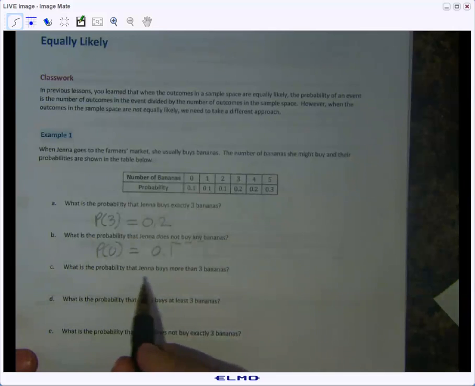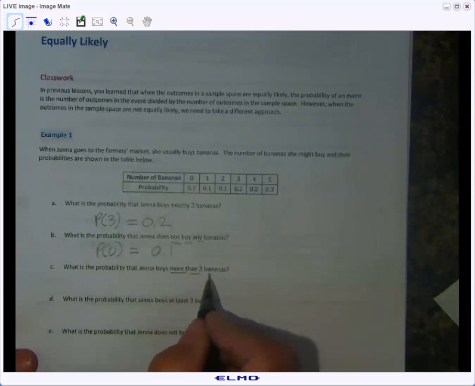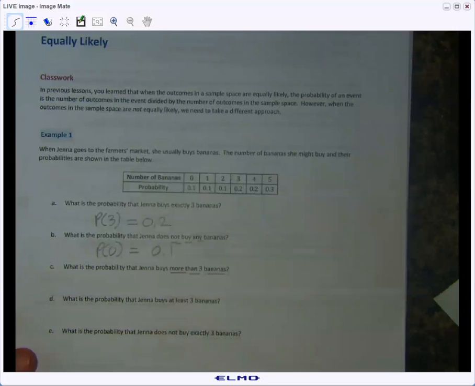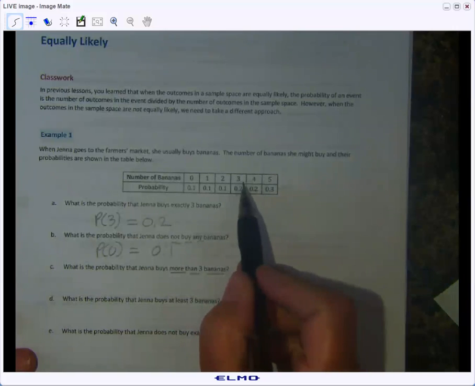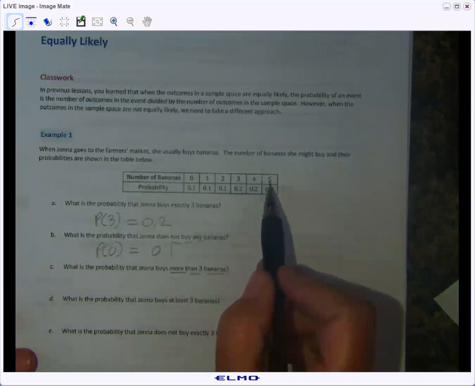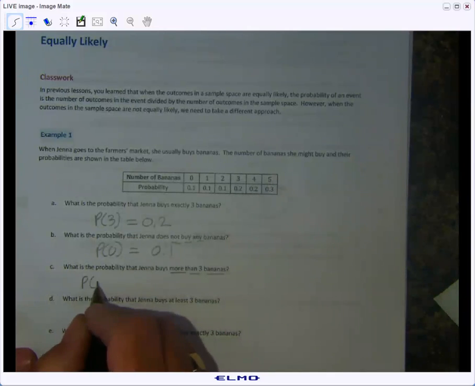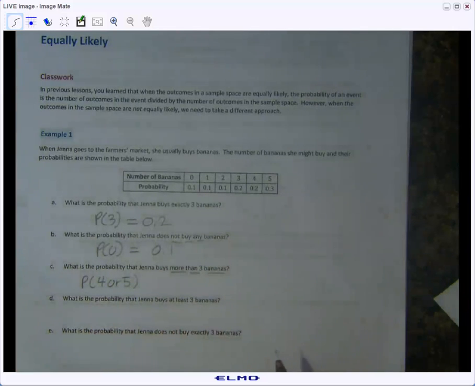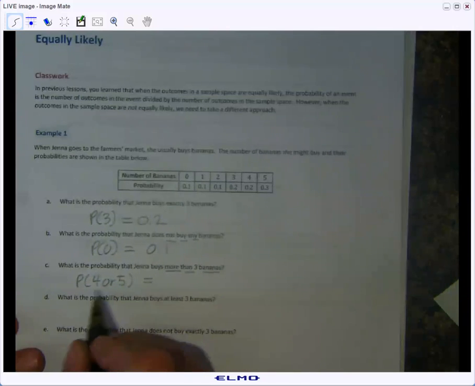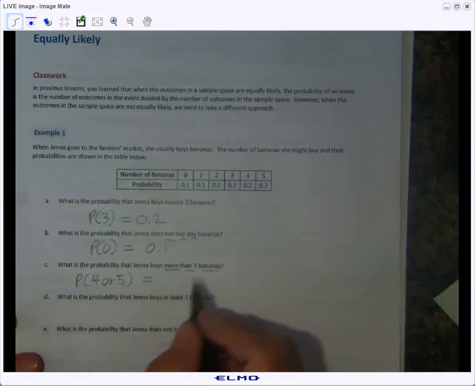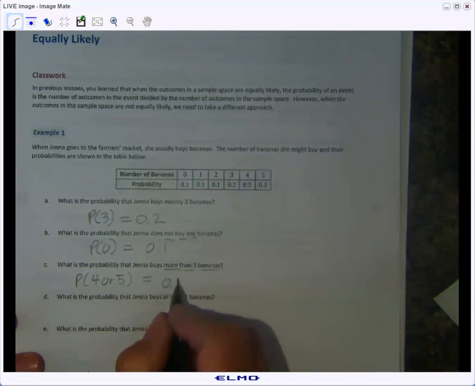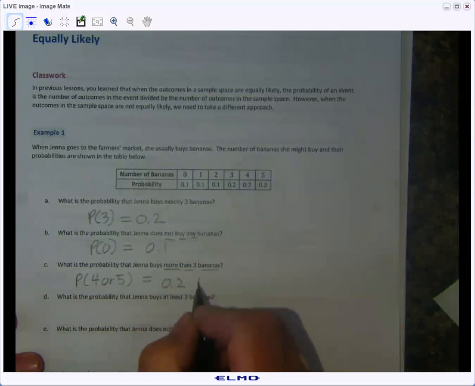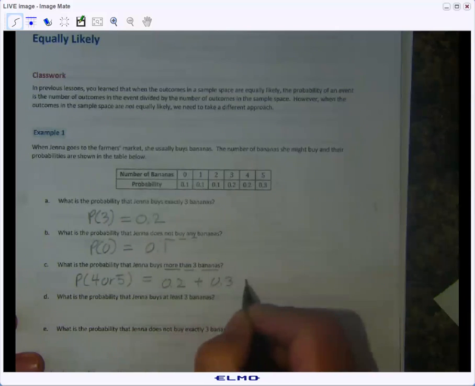What's the probability that Jenna buys more than 3? More than 3 would be 4 or 5. Either one of those would be more than 3. So I'm going to write it like this: 4 or 5. You can write out the words more than 3 if you want, but I think it's more straightforward to say we're really looking for the probability that she buys 4, which is 0.2, or 5, which is 0.3.